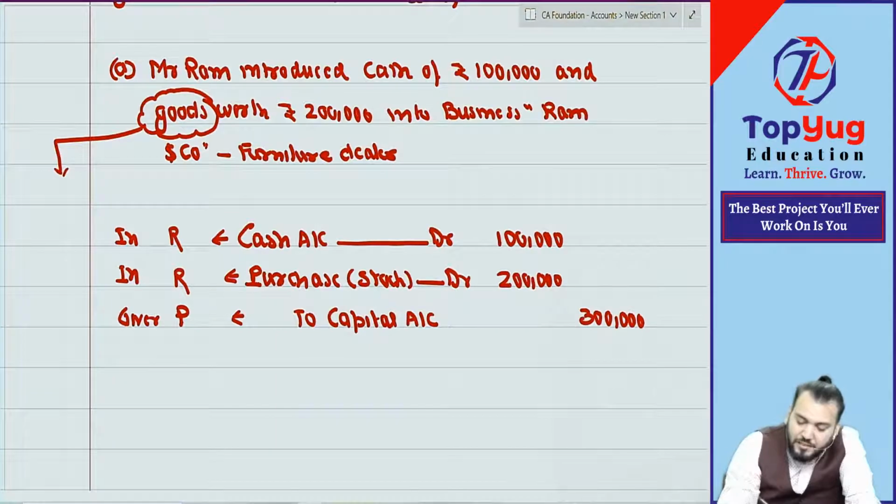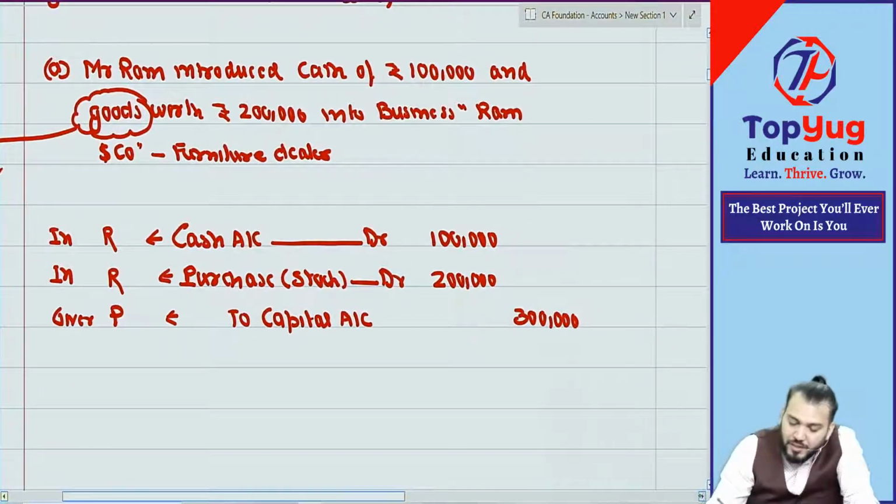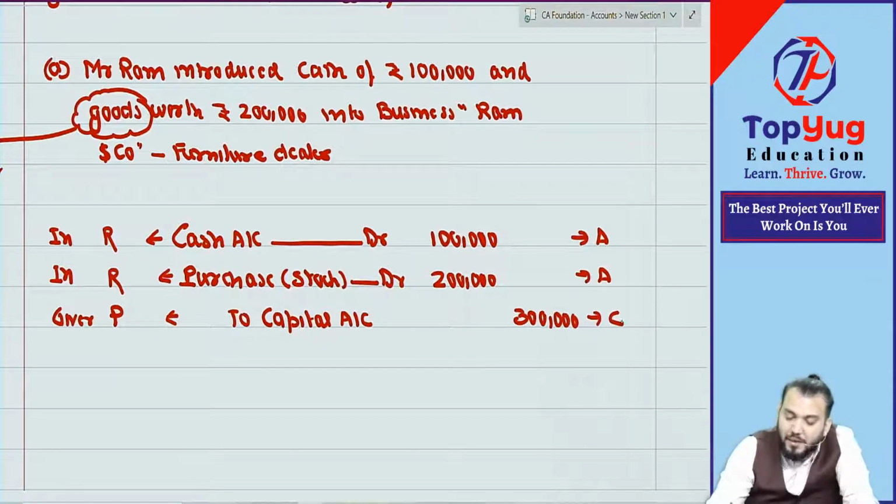This rule you are applying. Similarly, as per the modern approach, this is an asset and this is capital. So increase in asset will be debited. Increase in capital will be credited.